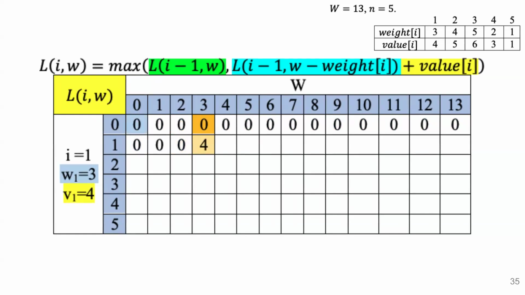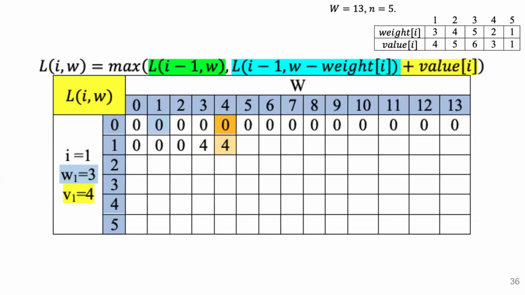until you consider the first item here, but with the bag capacity of 3, it would be 4, because it would put the first item into the bag having the capacity of 3. Yeah, this is the optimal way to do so. You move forward.